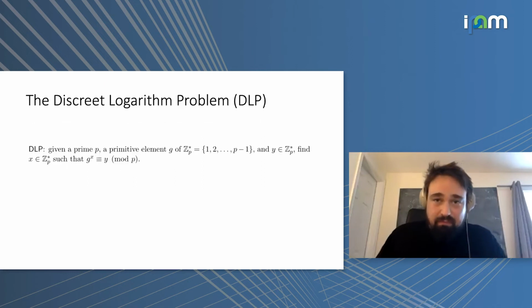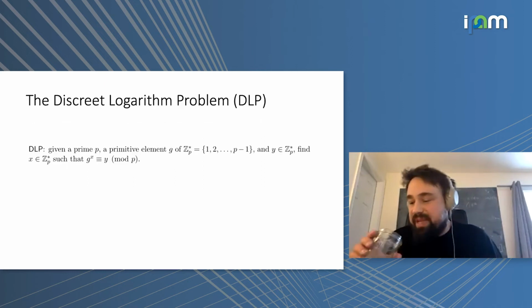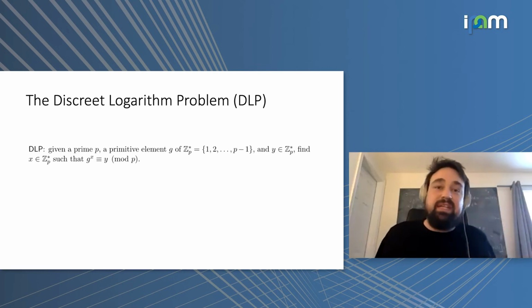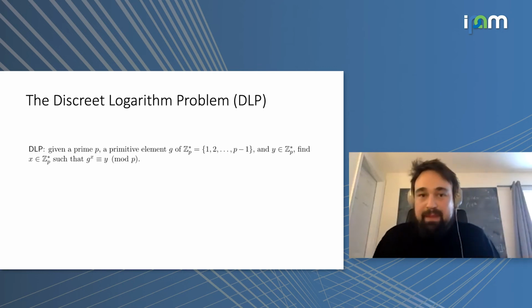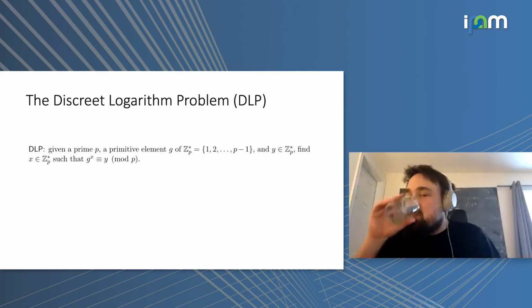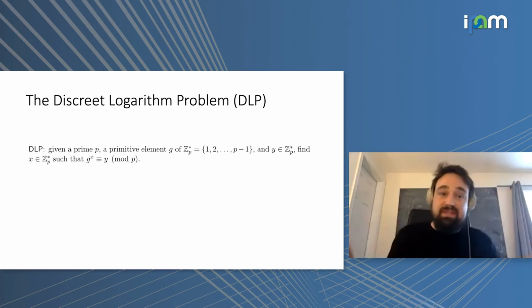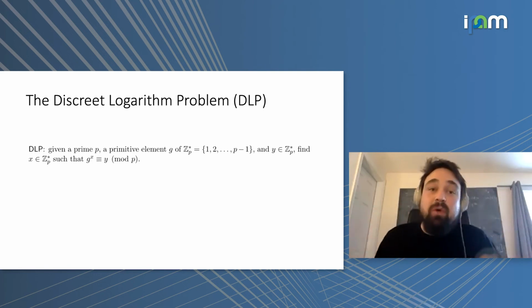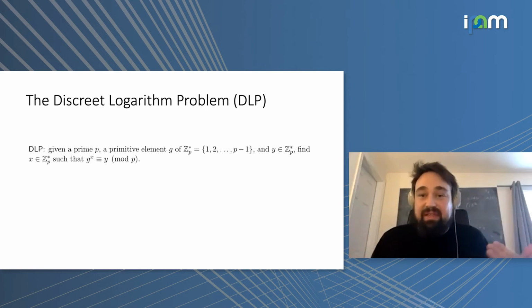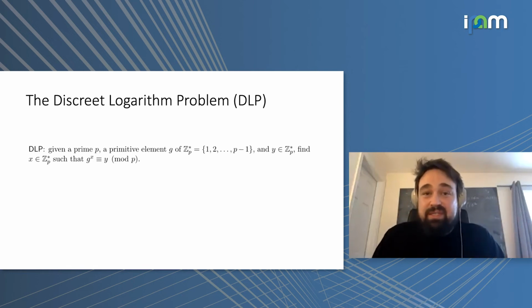Okay, so in order for us to show that in this setting you can actually generate such a learner, we need to embed a problem that is a hard problem for a classical computer. One of the standard problems where you know that a quantum computer has an advantage over classical computers is the discrete logarithm problem.